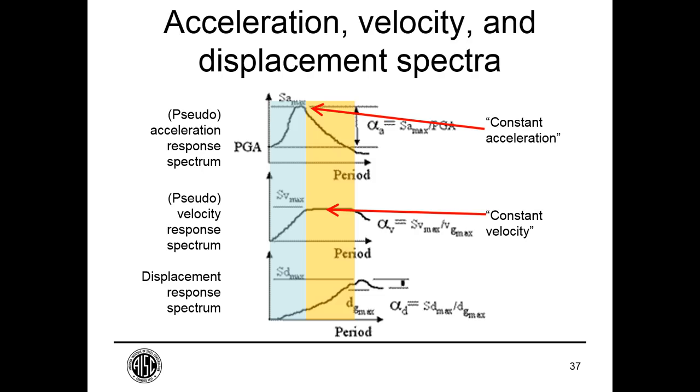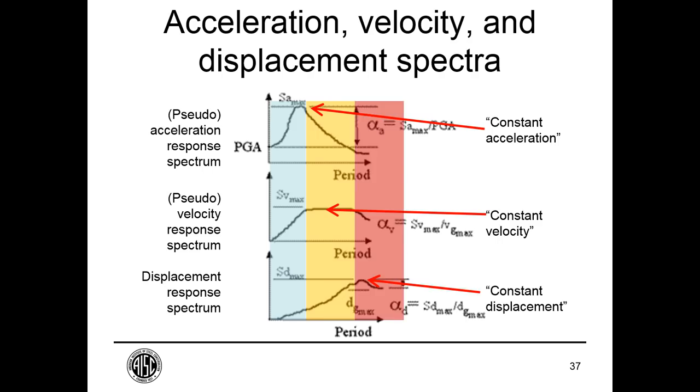And there's the so-called constant velocity region, which is just to the right of that plateau. And then there's the so-called constant displacement region beyond that. So you may hear these terms when we're talking about seismic design, and you can see that they have some meaning, but they're not perfectly correct for all ground motions.